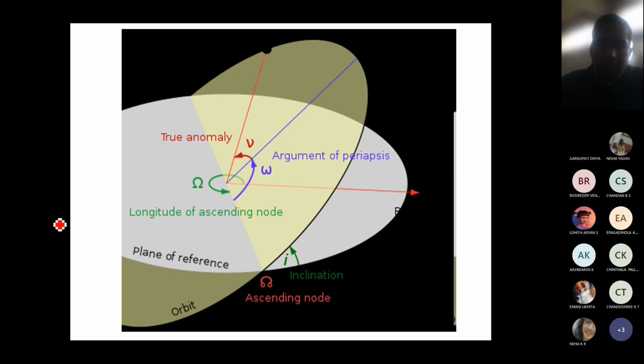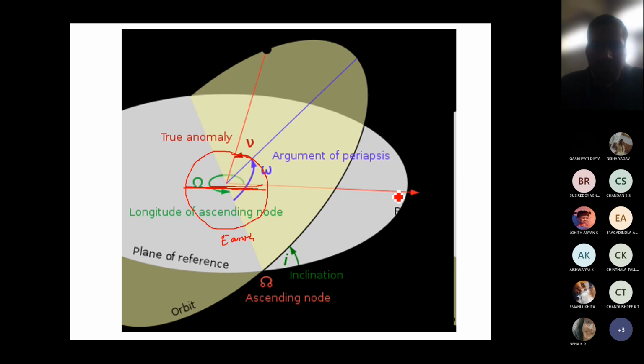You can consider this also. Suppose this red one which I have drawn is the Earth. This particular line is the equatorial line, that means 0 degree latitude. This plane is called the equatorial plane.